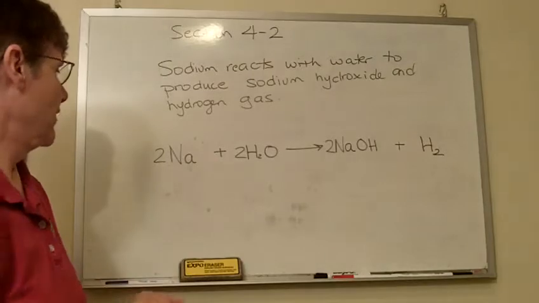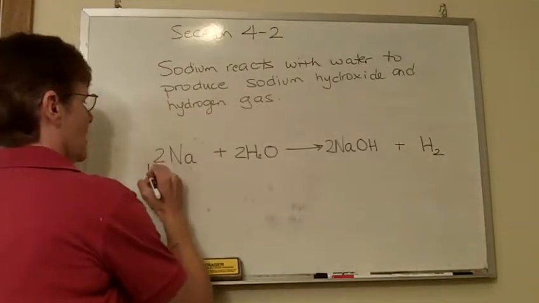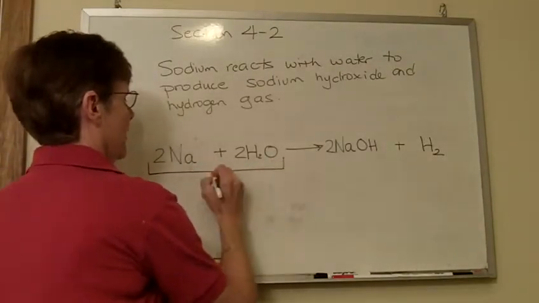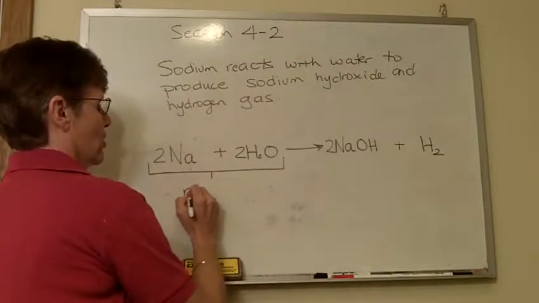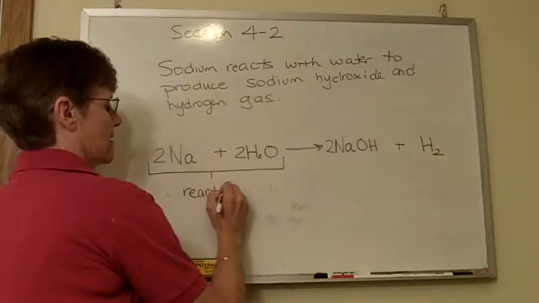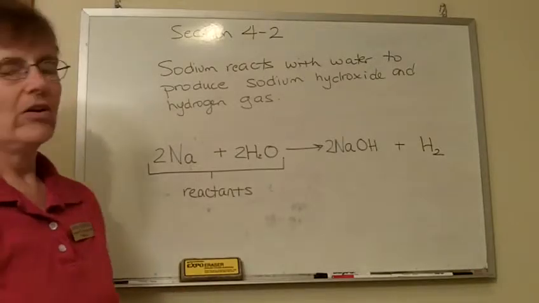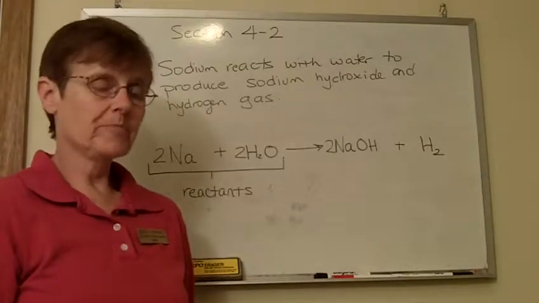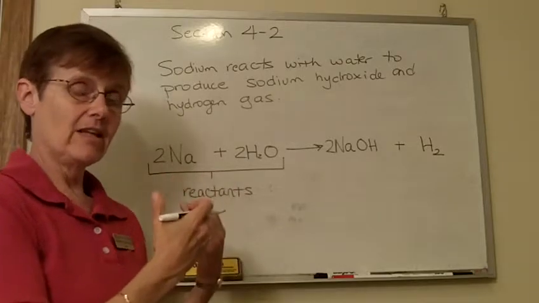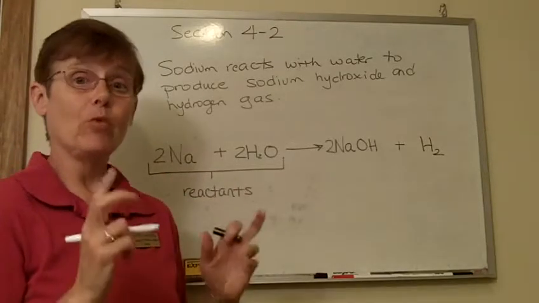So, what do we know about this? We know that anything on this side is called reactants. So that is a vocabulary word. Reactants are the things we start with. They're the things on the left-hand side of the arrow, and that's the before situation.